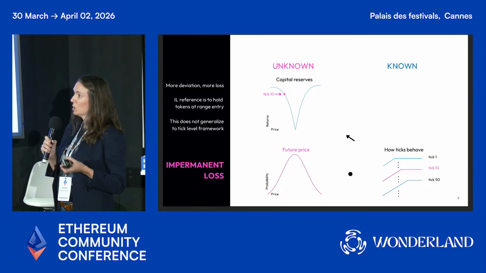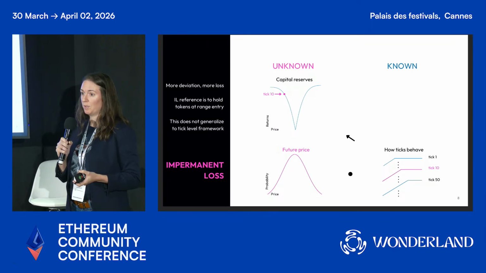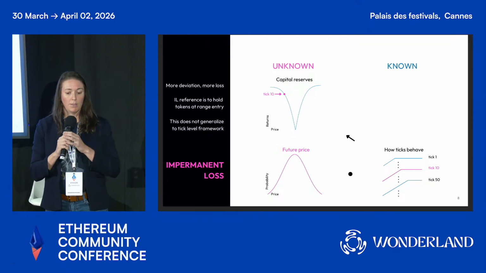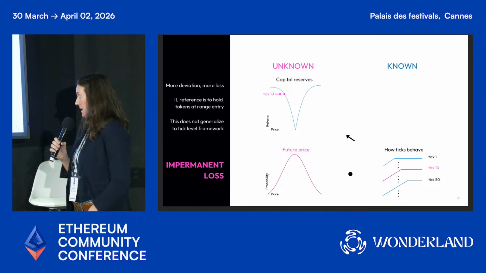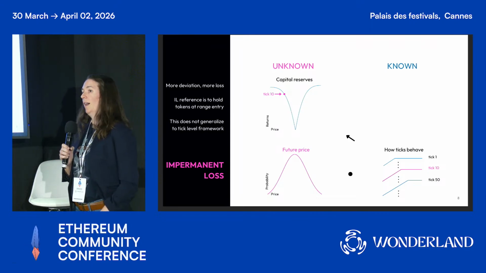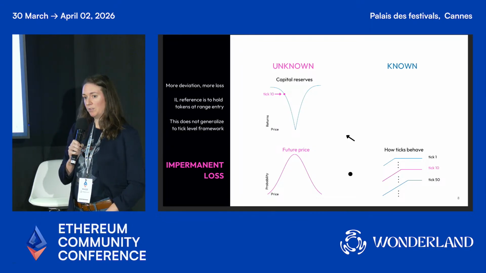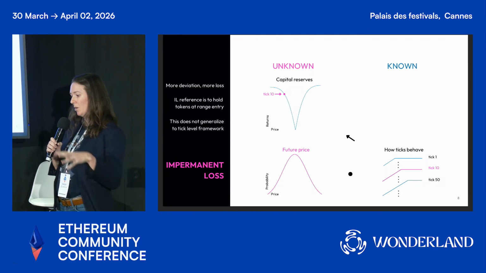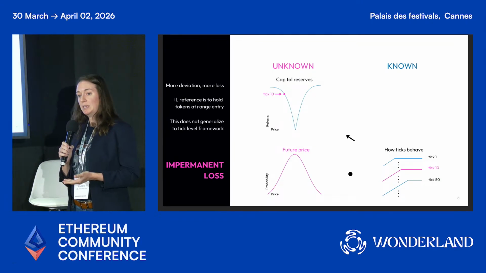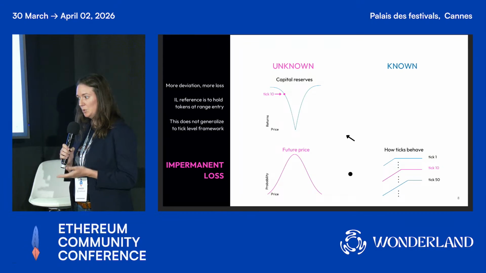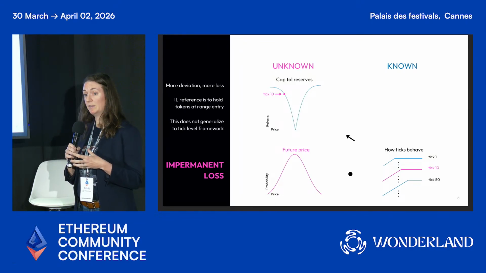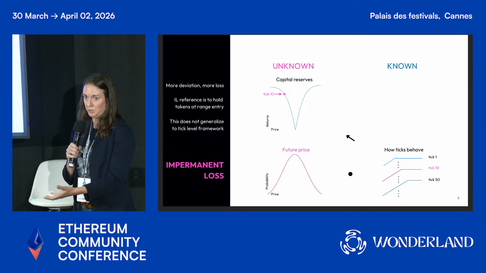With impermanent loss, in general, the more deviation, the worse the loss will be. But I actually don't like using the term impermanent loss, and the reason is that impermanent loss looks at your opportunity cost in reference to a combination of tokens that you're holding when you enter the range.